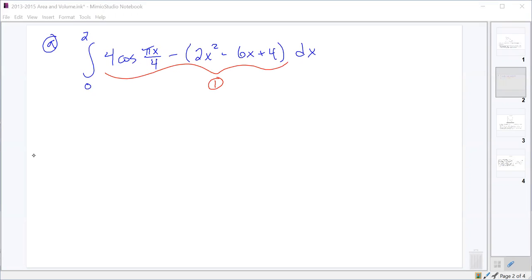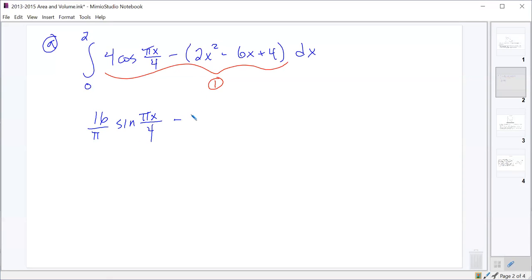Then you needed to integrate it. You got 2 points for integrating it properly. The integral of cosine is sine, so 4 cosine pi x over 4 should become 16 over pi sine of pi x over 4, the first half of the integral.